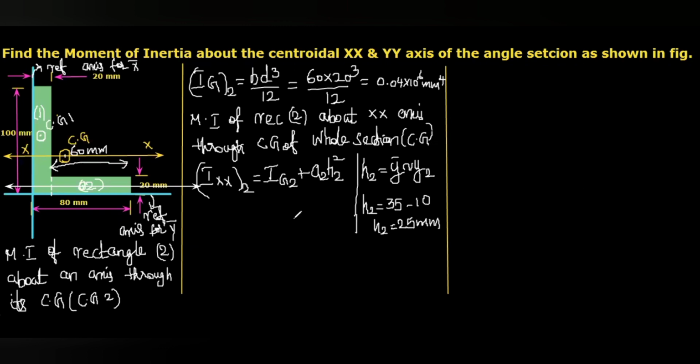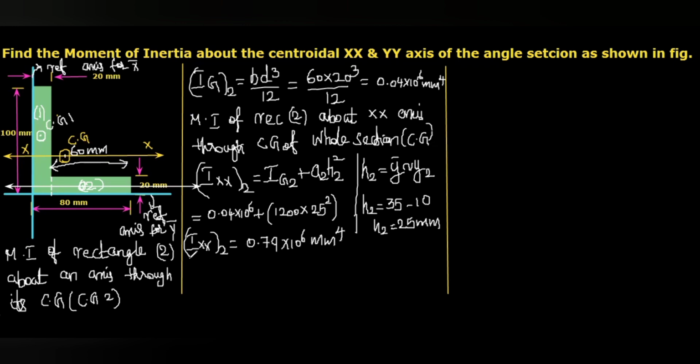And Ig2 we calculated. A2 also we calculated. Substitute all the values. Then Ixx2 will be Ig2, 0.04 into 10 power 6 plus the value of A2, that is 1200 multiplied with H2, that is 25 square. So when you simplify, we will get Ixx2 that equal to 0.79 multiplied with 10 power 6 mm power 4.